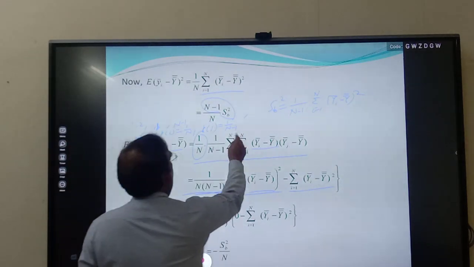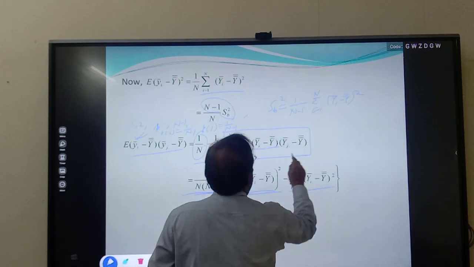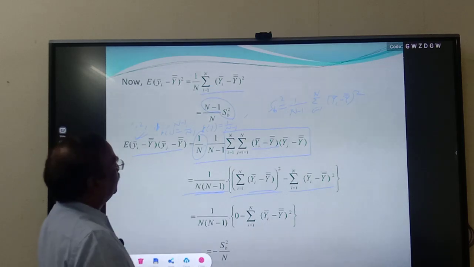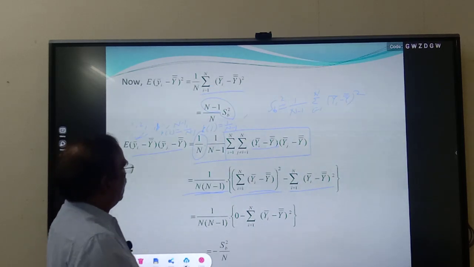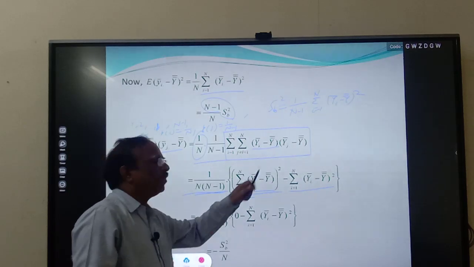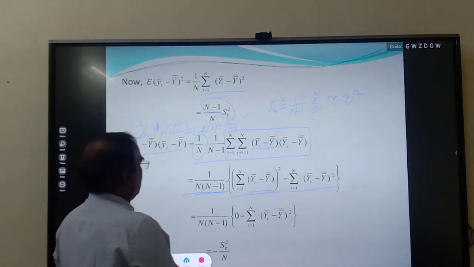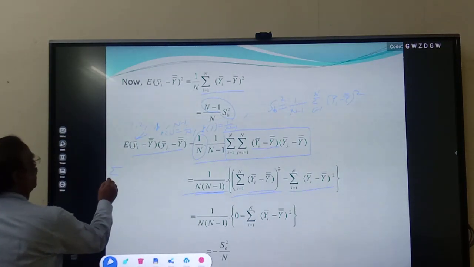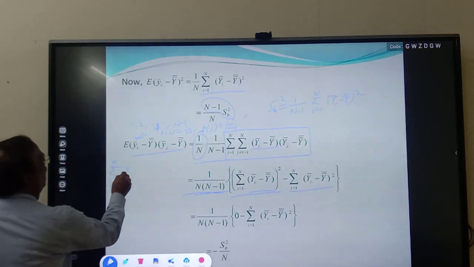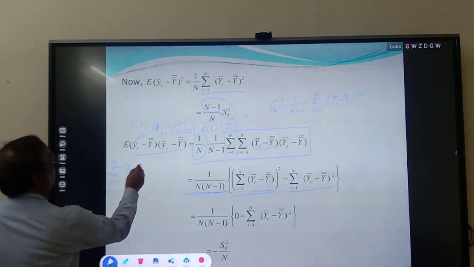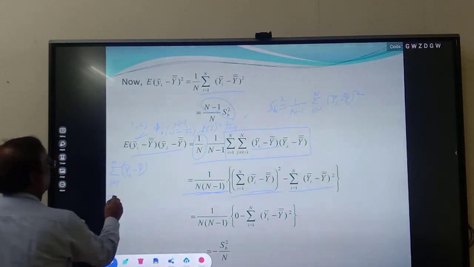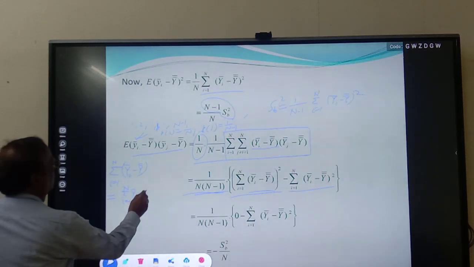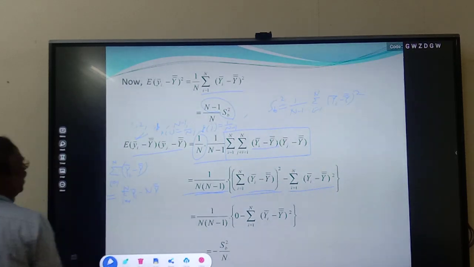So for i goes from 1 to n, (yi dot bar minus y double bar) whole square. So this term can be written in this way. Now sum i goes from 1 to n of (yi dot bar minus y double bar). This is equal to sum i goes from 1 to n of yi dot bar minus n times y double bar.